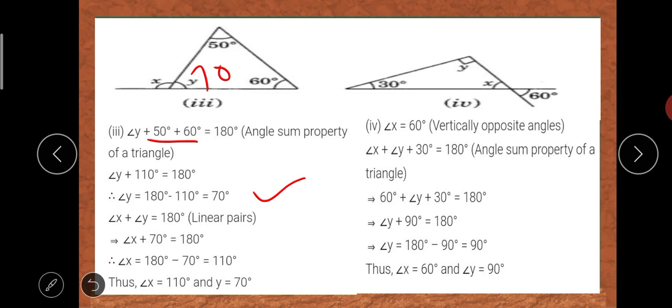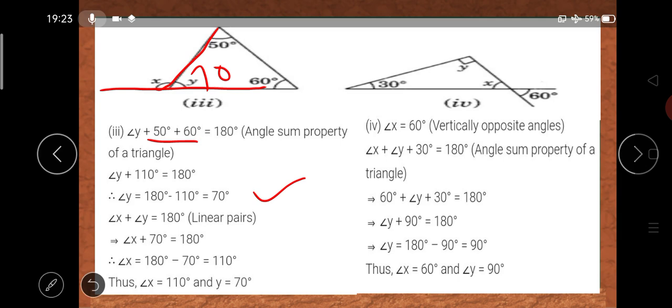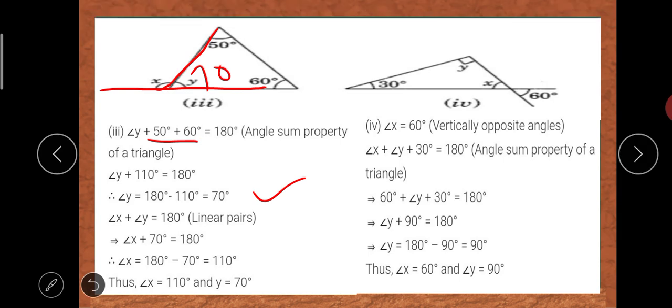Now we also have to find the value of x. When we are finding the value of x, we see that it is an exterior angle and y is an interior angle. So by the linear pair, the linear pair measurement is again 180. Out of that, one measurement we know is 70.